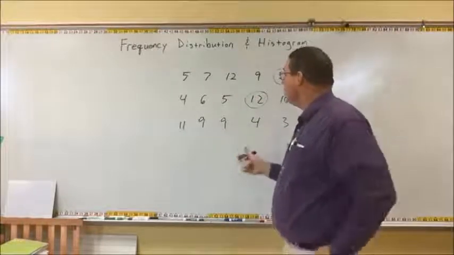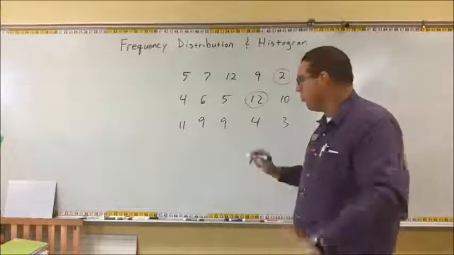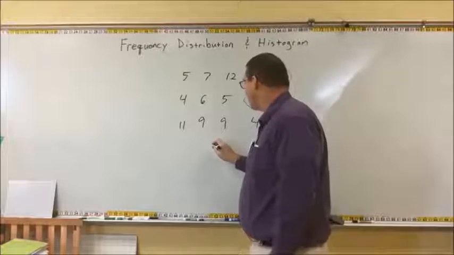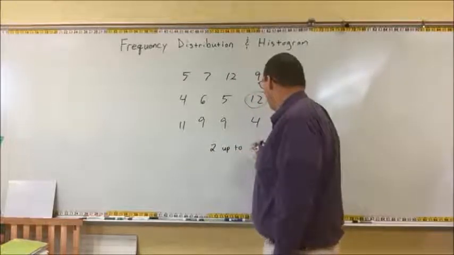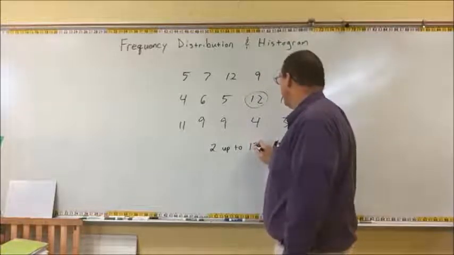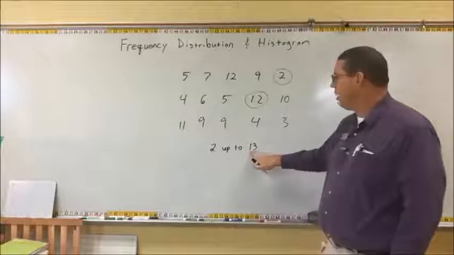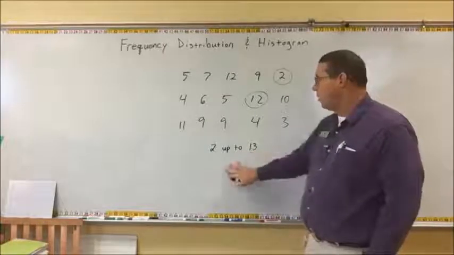Now, we could just put them all in one group and say that that one group is all numbers from 2 up to, well, let's say 2 up to 13. Because here's the thing, this up to number, we would not put that number in this group.